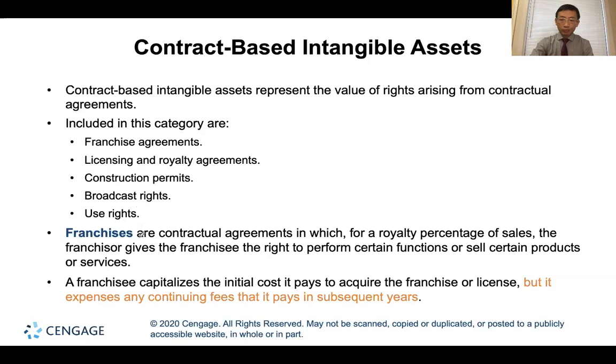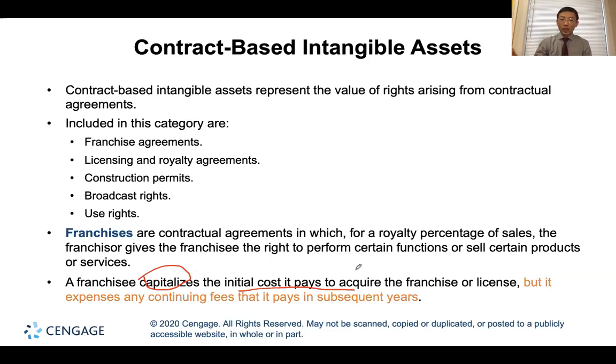So a franchise is a contractual agreement, for a royalty percentage of sales, that gives the franchisee the right to perform certain functions and to sell certain products or services. Okay, so the initial cost needs to be capitalized, because it's externally acquired.